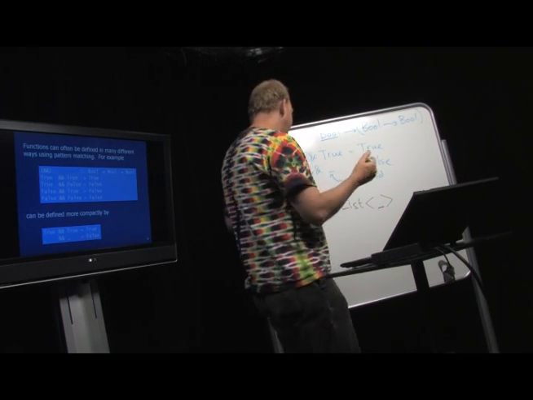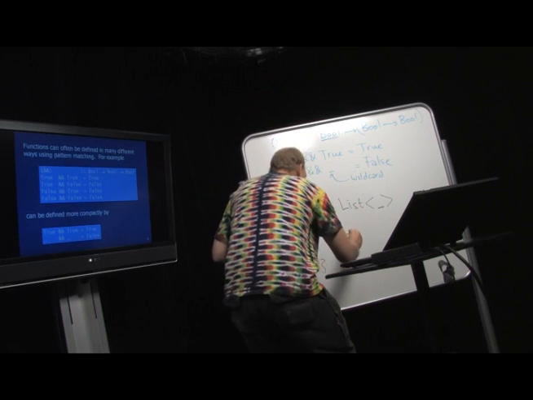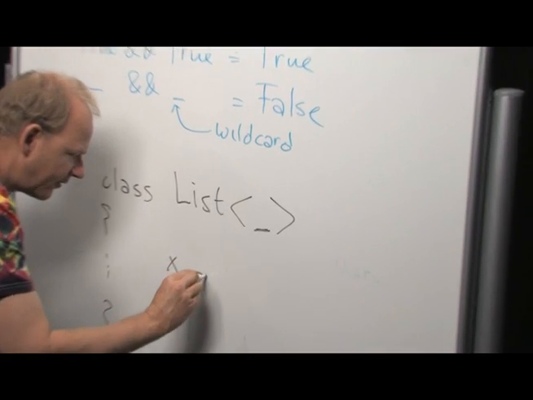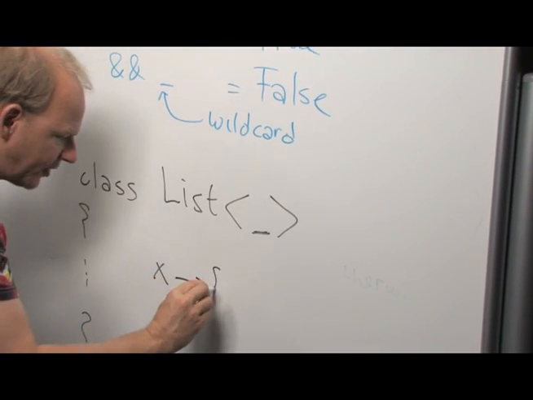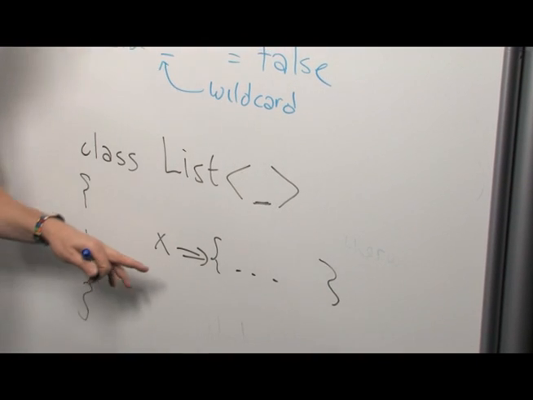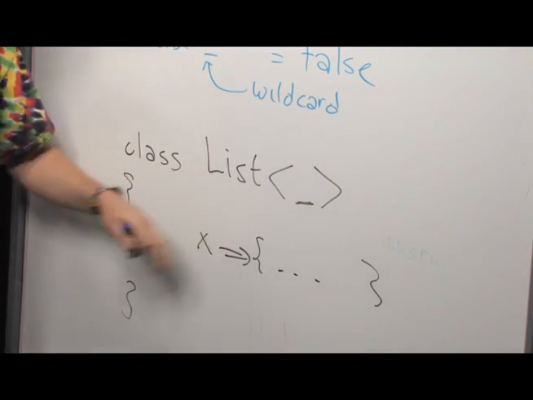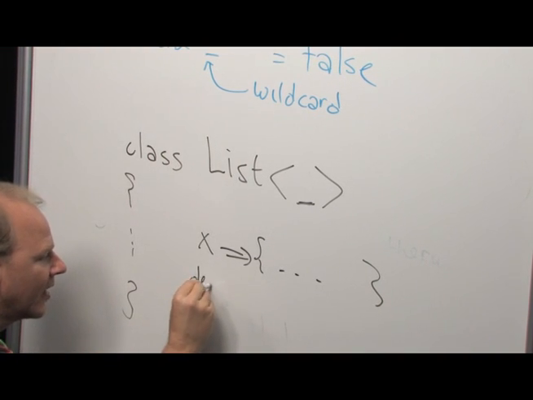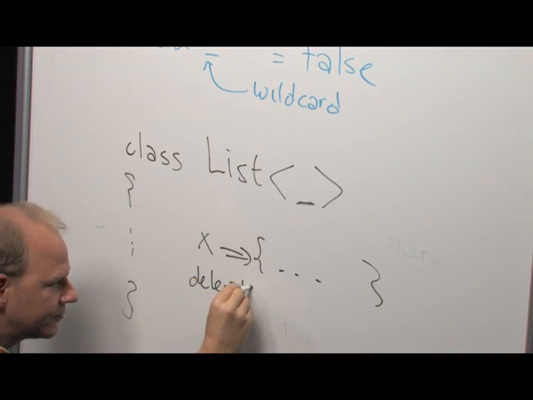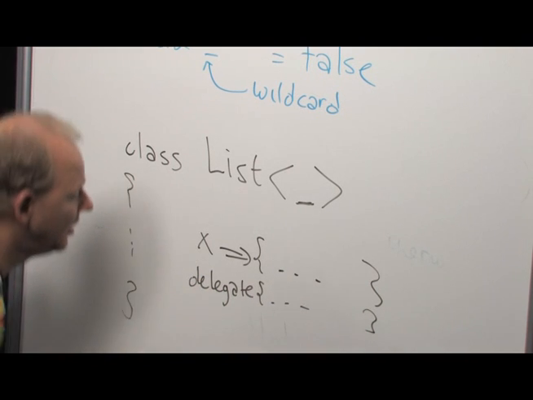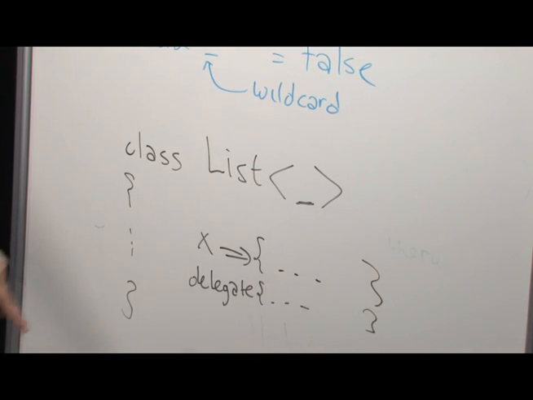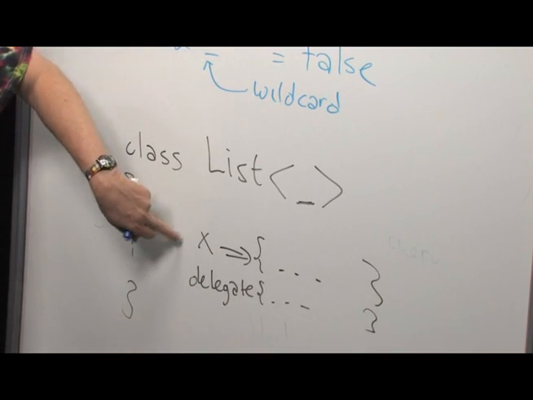Or if you have a lambda expression in C#, like x arrow, and sometimes I want to do something here like it's a delegate. Well, if you use anonymous delegates, you can write delegate curly open. But if you use lambda expressions, you have to provide the parameters.